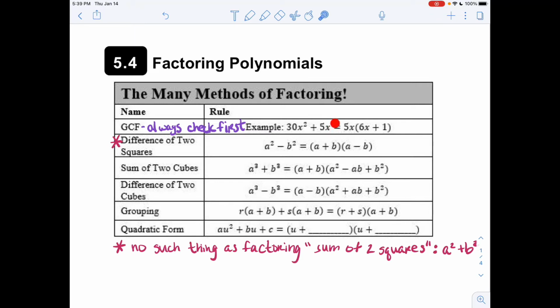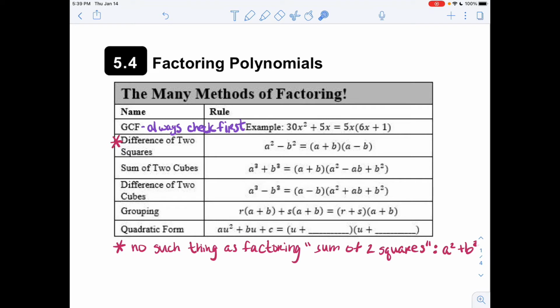So I have an x to the first power here, so I can pull out an x. We say that we are going to take this 5x and divide each of the terms by the 5x and say what's left here. So that would be an example of pulling out a greatest common factor.